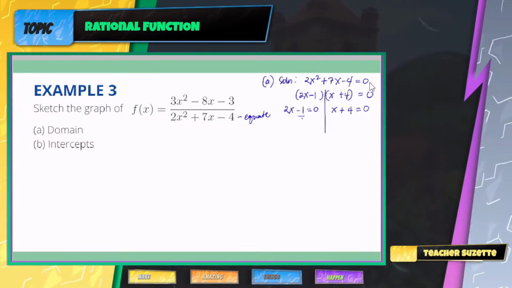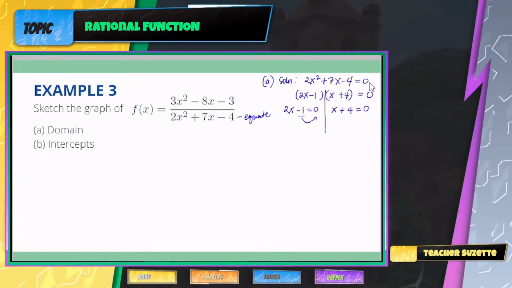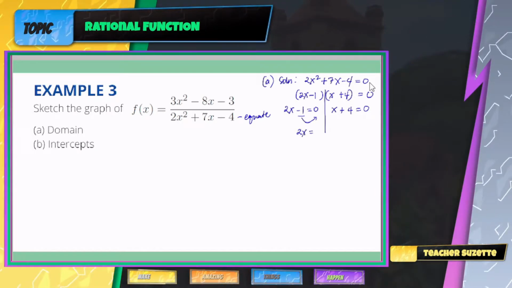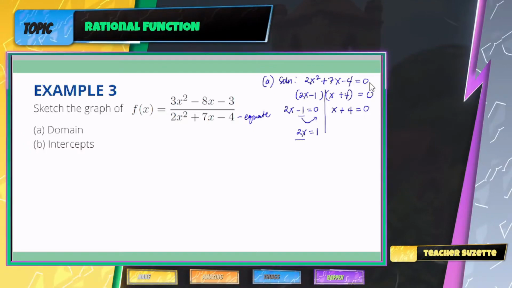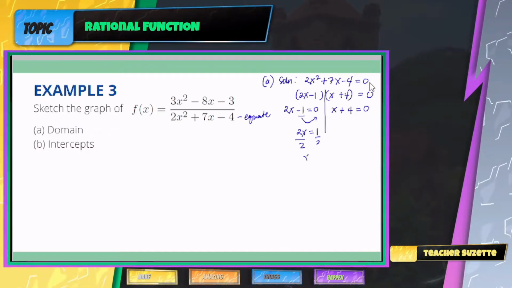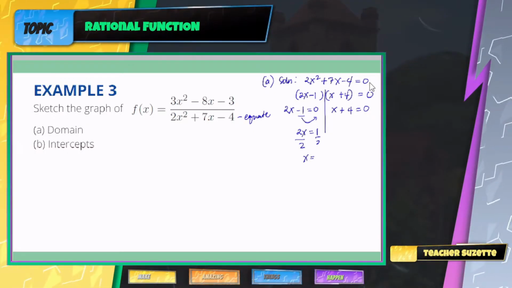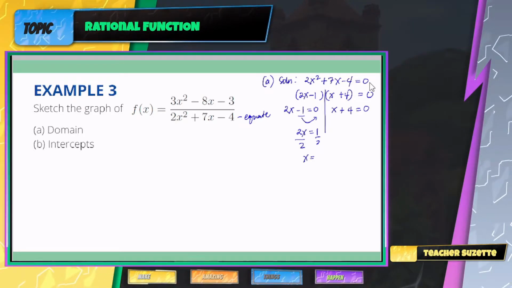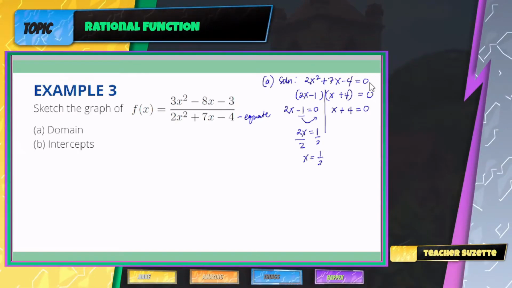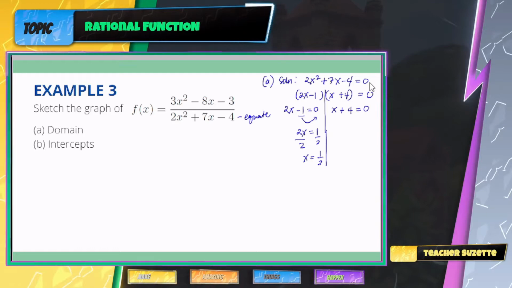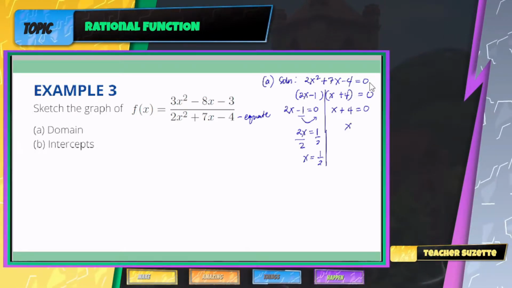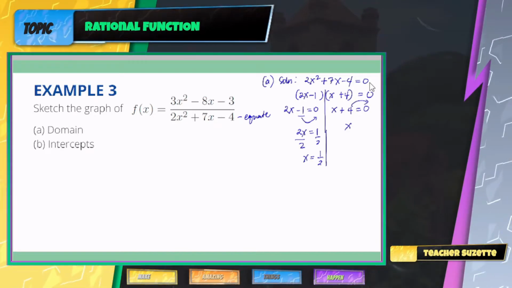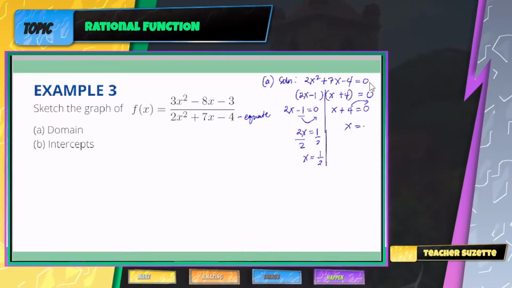First, transpose our negative 1, so you will have 2x equal to positive 1. Then dividing both sides by 2, our first restriction is x should not be equal to positive 1/2. Then for x plus 4, you have to transpose the 4, so you will have negative 4.